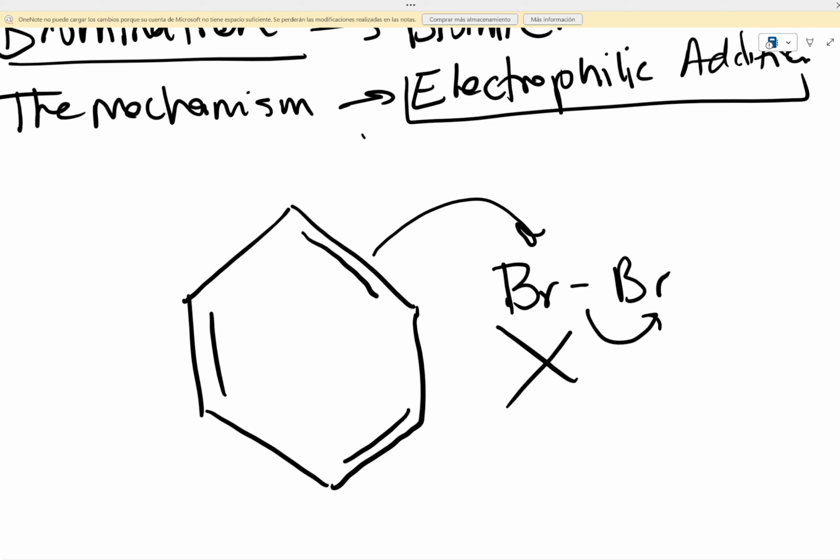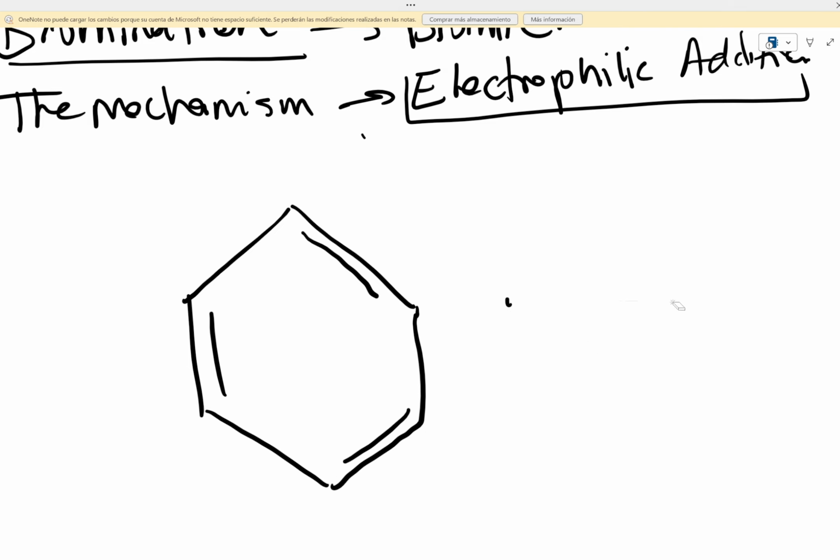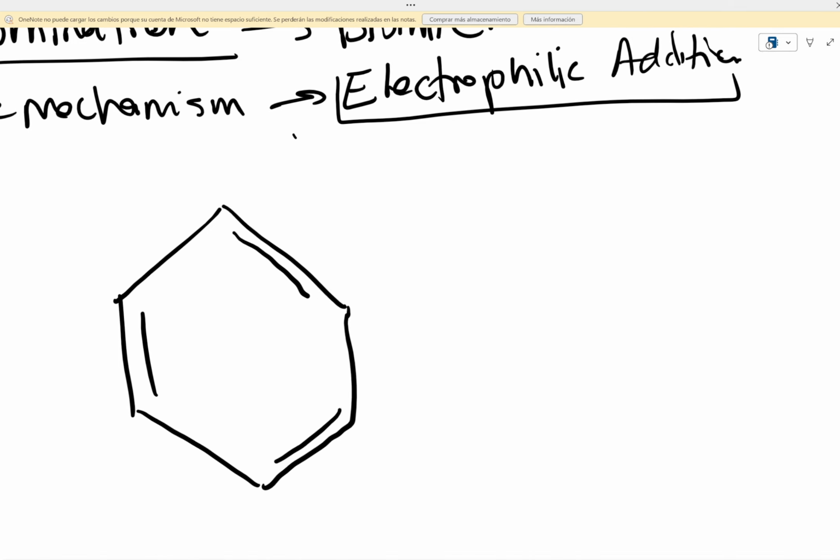It's so stable that it can't just be destabilized by electrophiles, right? Some persons may say, wait, but benzene has a high electron density on its ring system, but it's really stable. It won't allow for that type of electrophilic addition. So what we're going to need in this case is what we call a Friedel-Crafts catalyst.